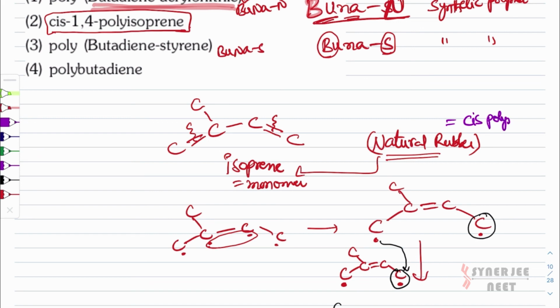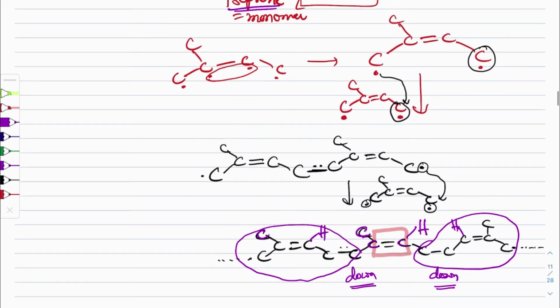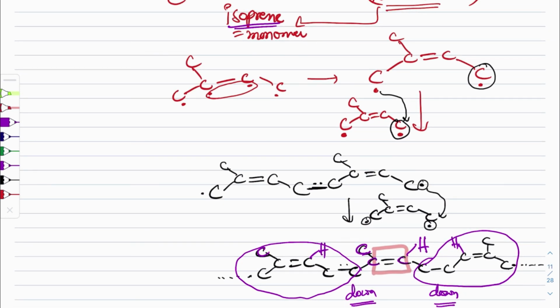Cis polymer. And since it is formed from the monomer isoprene, it is called cis 1,4 polyisoprene. Why the name 1,4? Because when the addition is happening, this is first carbon, this is fourth carbon, and 2 and 3 a double bond is forming, and at 1 and 4 positions only the polymer is getting extended, or carbon groups are getting added at the 1 position and the 4th position.